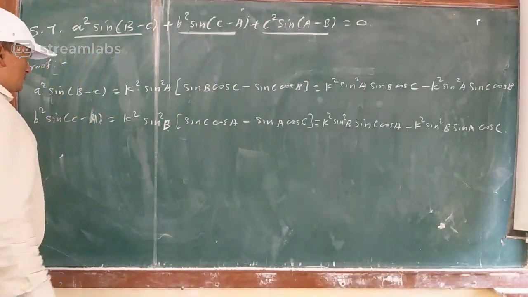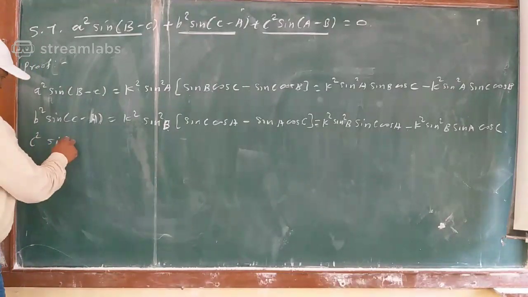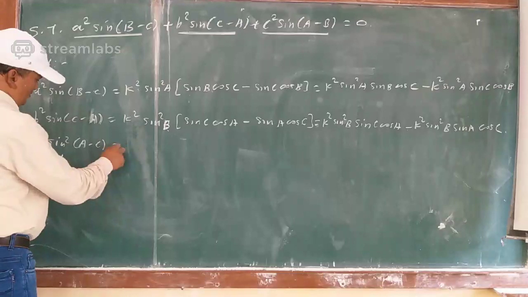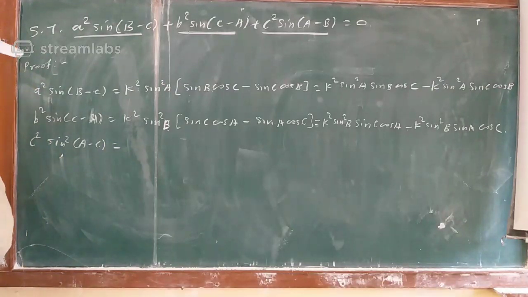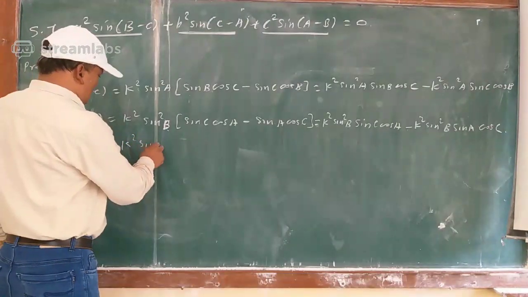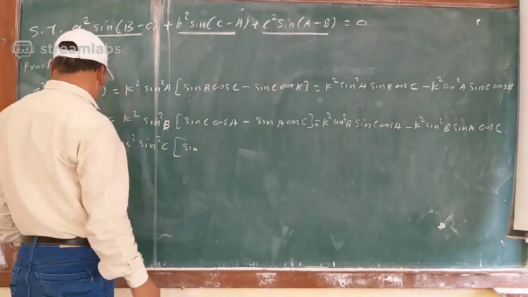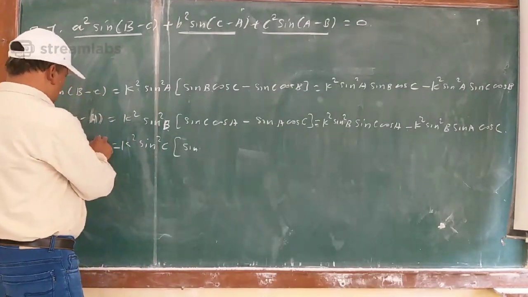After that, the third term, C square sin of A minus B, is K square sin square C, A minus B, sorry.